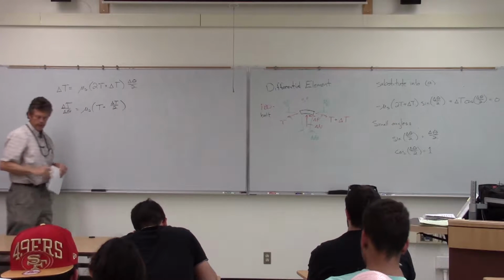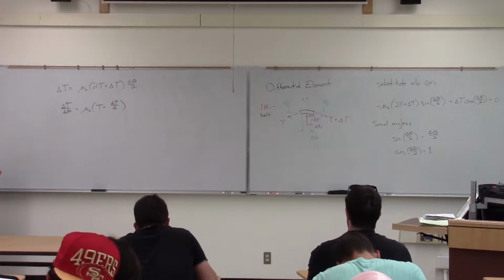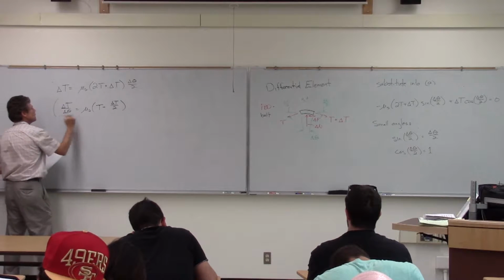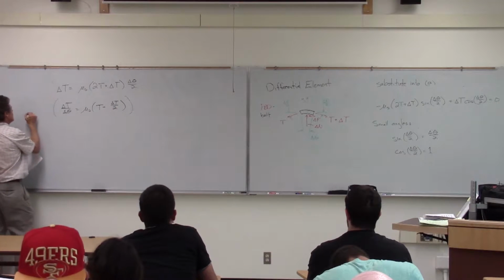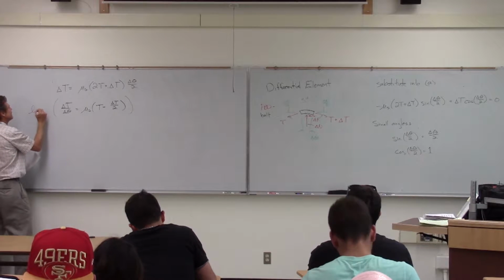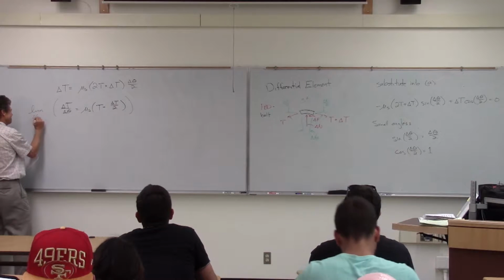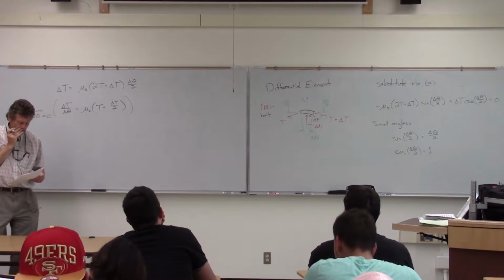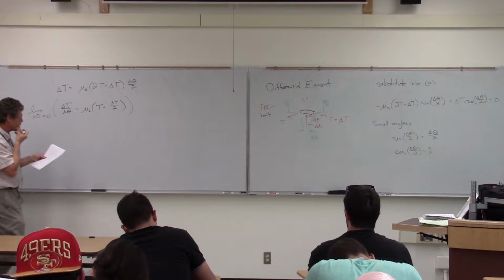Forgot to bring my 2 in there too. So I'm taking the 2 and dividing through, bringing the delta theta over there. And what am I going to do? Integrate? Nah. We're going to just take it to the limit.